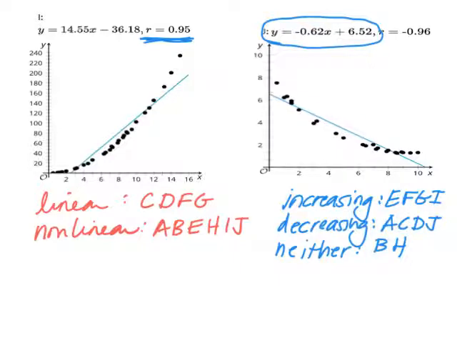So I want you to just look at all 10 scatter plots and what their R values are versus the scatter plot. See if you can make any determinations just by looking at the 10 and their R values as to what values you have for R, what's the range of approximate values, when are they positive, when are they negative, when are they large, and when are they small.